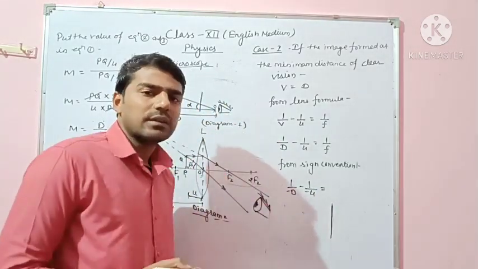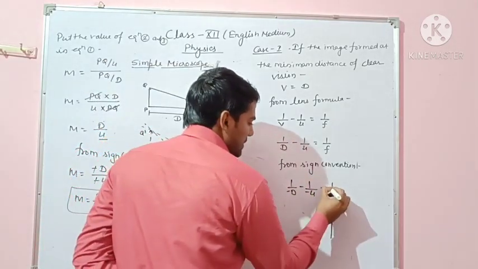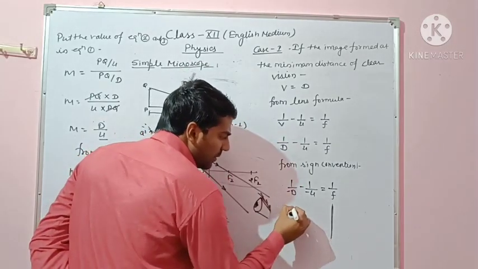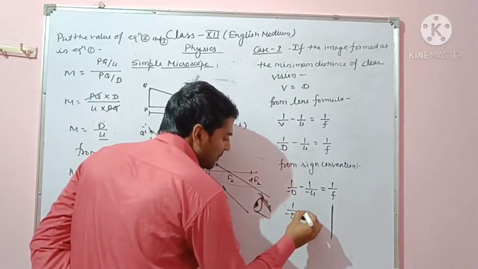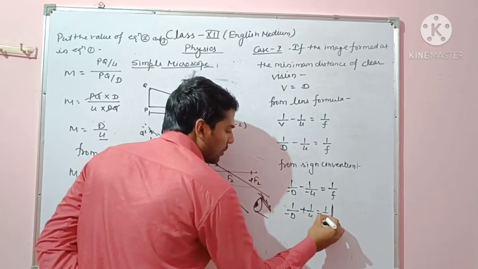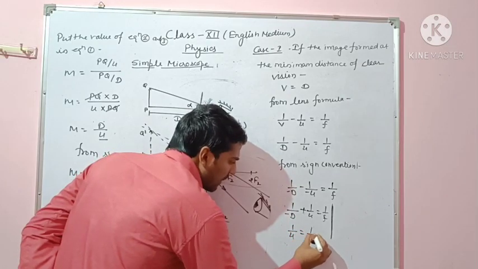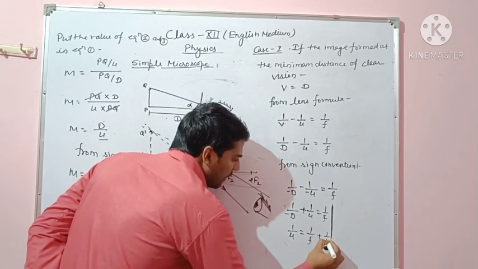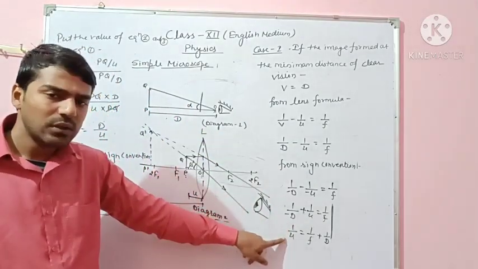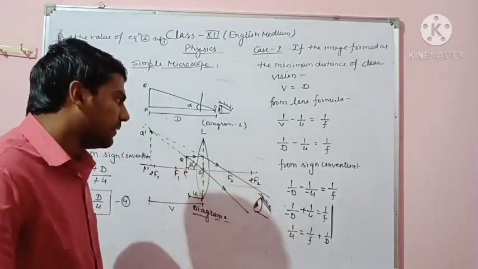The focal length of a lens is always positive, so this is 1 upon f plus. So 1 upon minus d, minus minus plus, 1 upon u equals 1 upon f. Here 1 upon u equals 1 upon f plus 1 upon d.